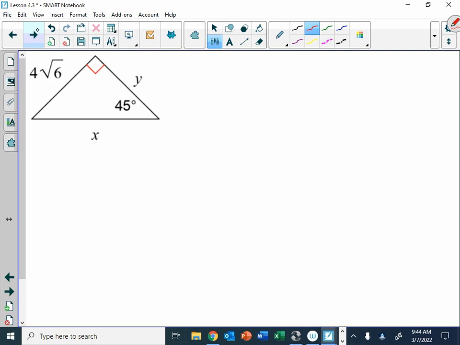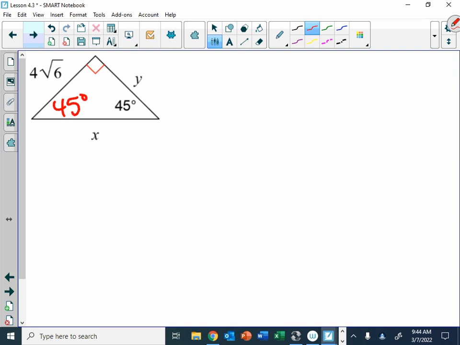Once again, just look up here when you got it drawn. That way I know it's good. Alright. That 4 squared is 6. First of all, this is 45, 45, 90, yes? Okay.